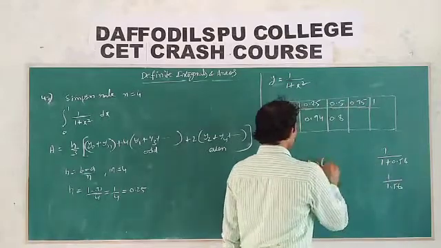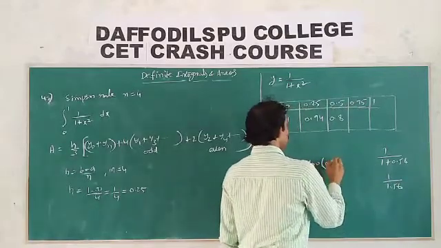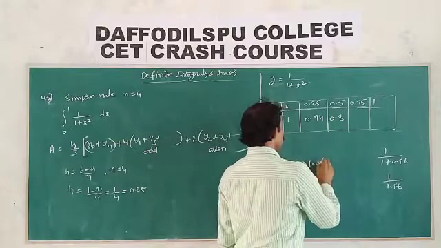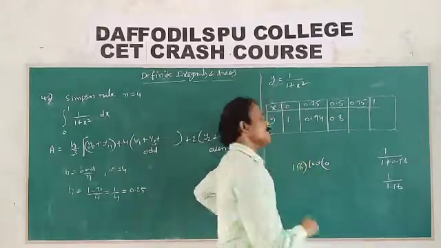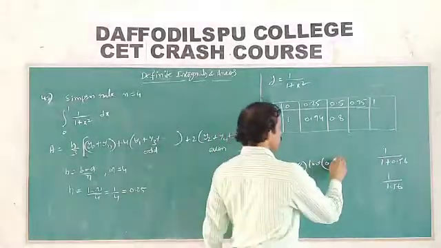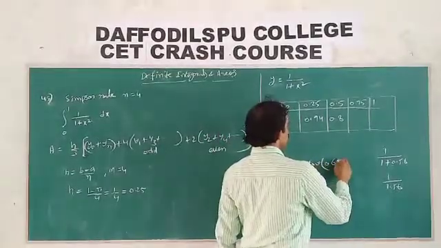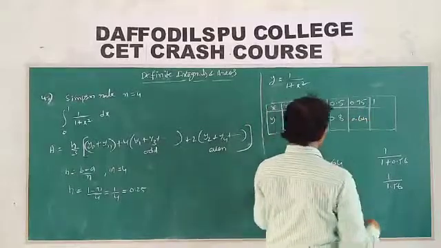So 100 by 156, approximate value 0.64 after taking 156 about 6 times. So finally this value is equal to 0.64.